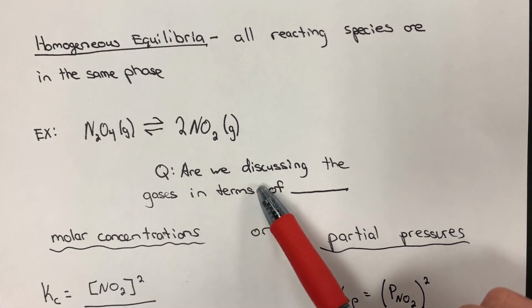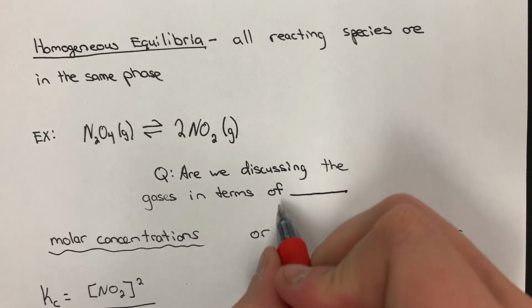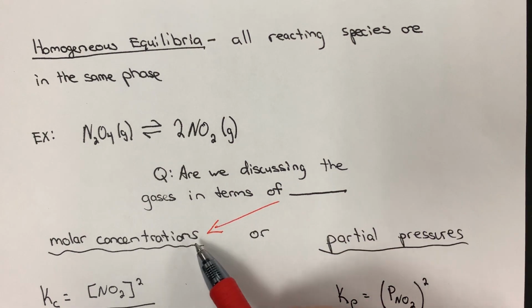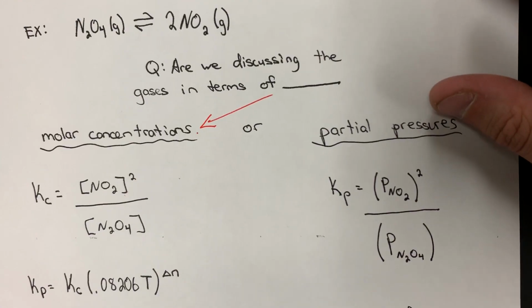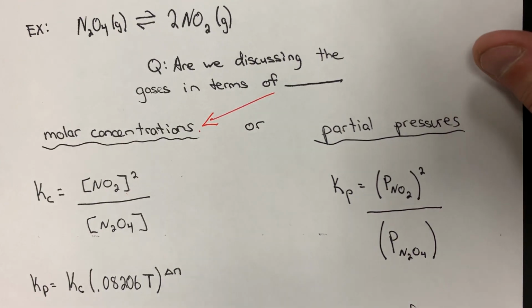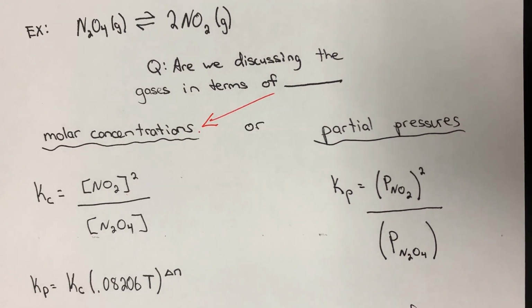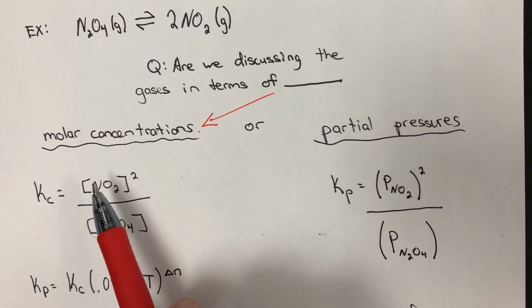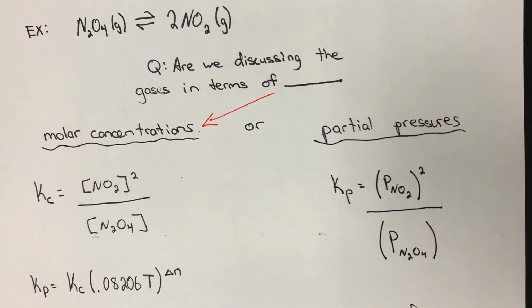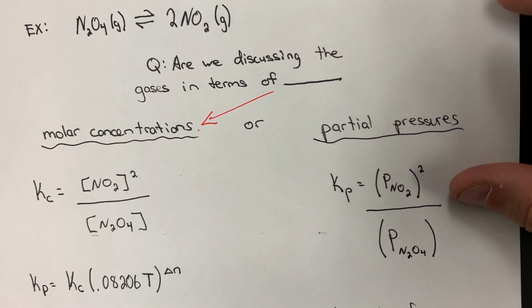Are we discussing gases in terms of their molar concentrations, like moles over liters, like we're accustomed to seeing? That's what brackets are going to indicate. Or are we talking about gases in terms of their partial pressure? If we want to set up an equilibrium expression using molar concentrations, we use the familiar brackets. If we are talking about partial pressures, we use parentheses instead.